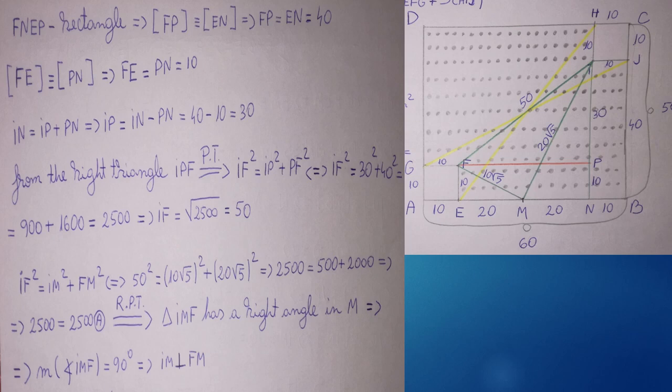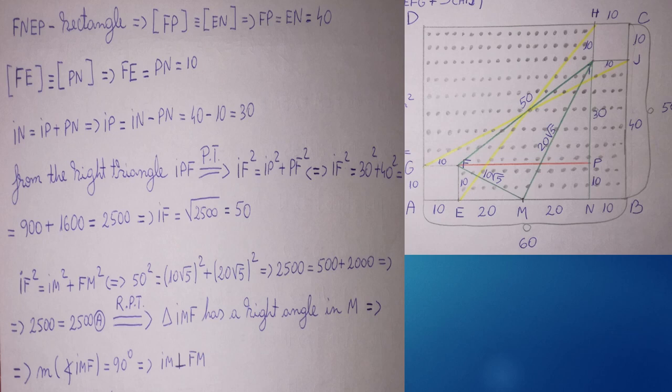IF squared is equal to IM squared plus FM squared, which is equivalent to 50 squared is equal to 10 square root of 5 everything squared plus 20 square root of 5 everything squared. So 2500 is equal to 500 plus 2000.